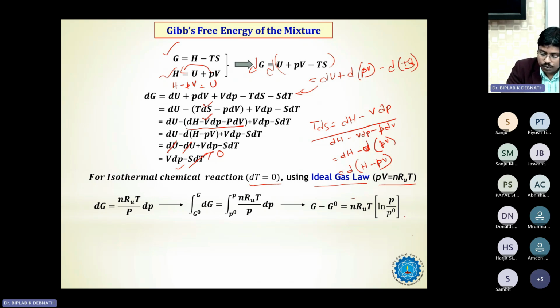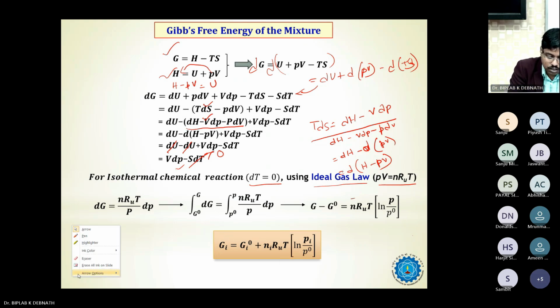From here we can write the Gibbs function for any species: Gi is equal to Gi0 plus ni RuT into ln of Pi by P0.